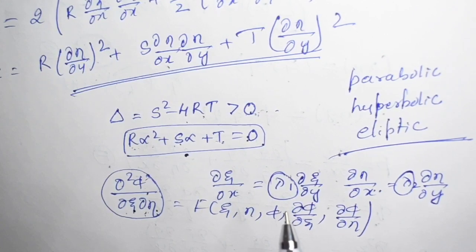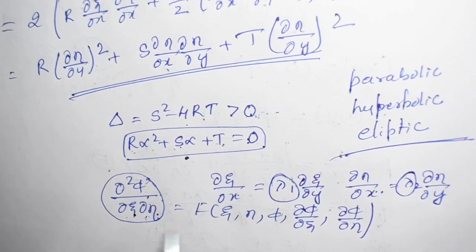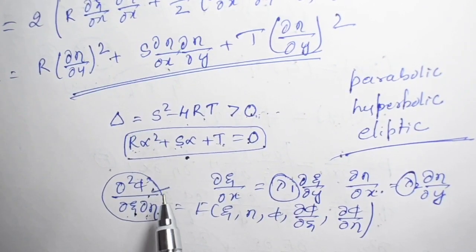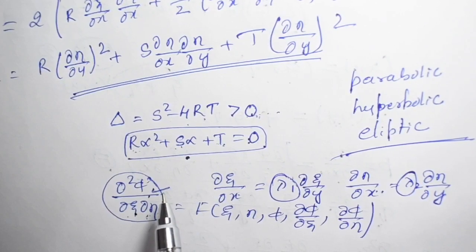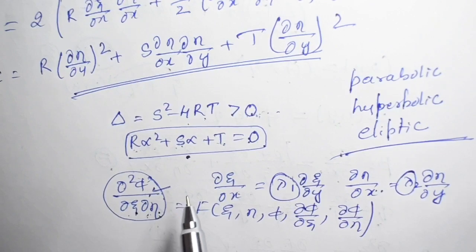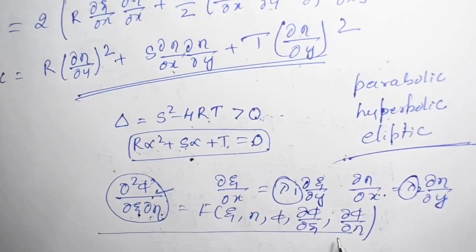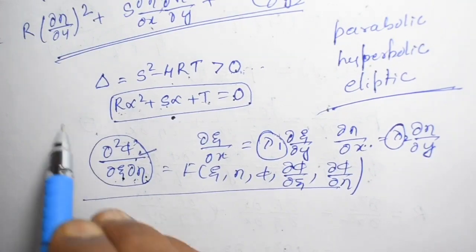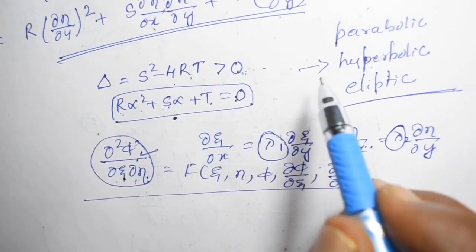Here the main thing is that only this second order derivative will remain, and the other derivatives like del square phi by del xi square and del square phi by del eta square will get cancelled. So they vanish, right? So this is about the first case, and this case is nothing but your hyperbolic case.